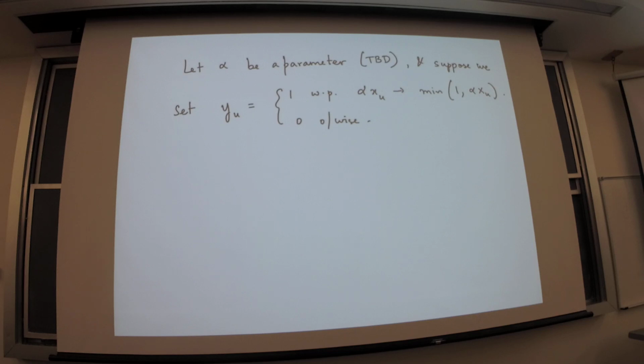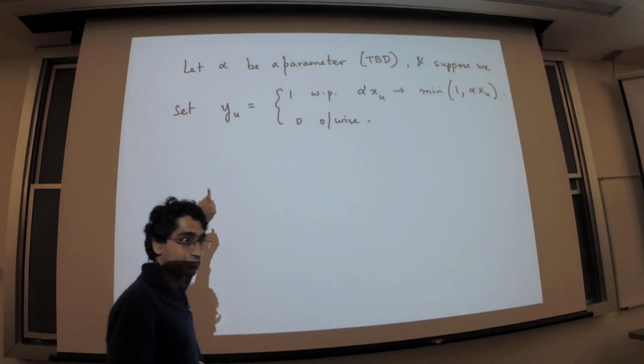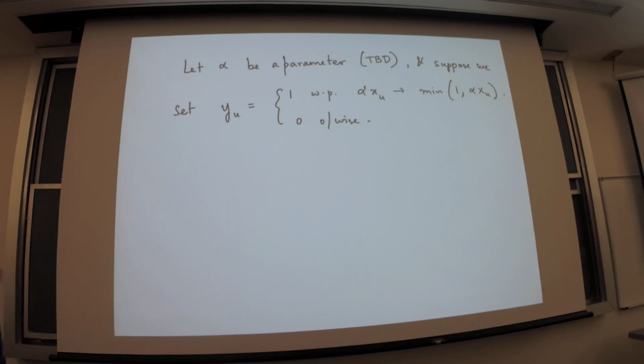So yu is now a random variable: it's 1 with that probability and 0 otherwise.